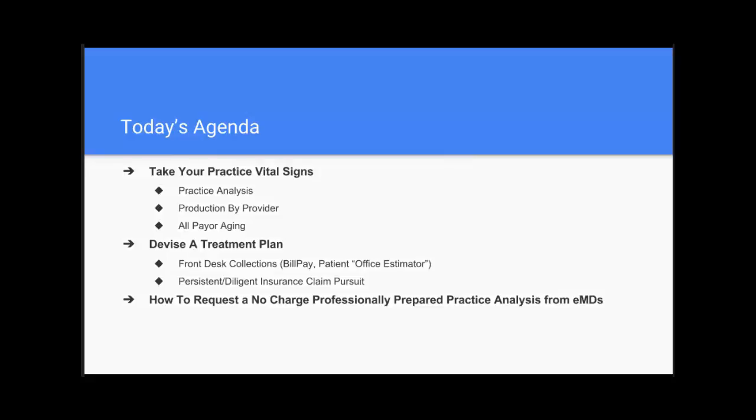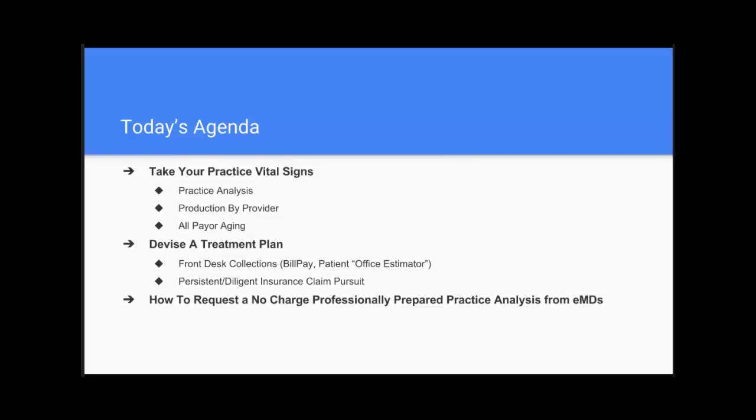We're really going to do a quick overview of a quick way to assess the health of your practice. In order to do that, we're going to run 3 reports, and I'm just going to breeze through those.